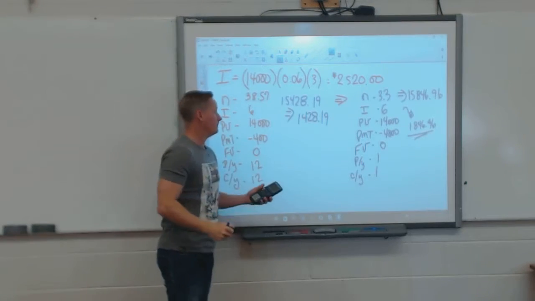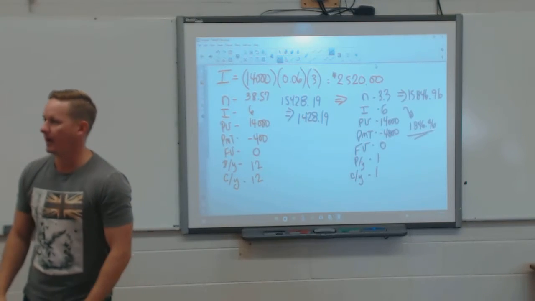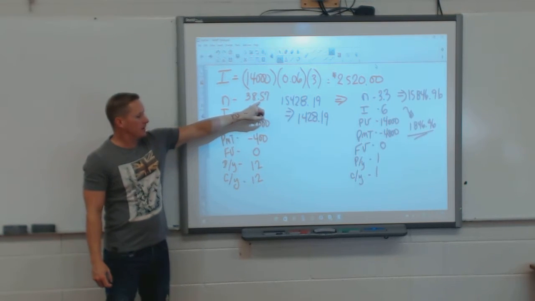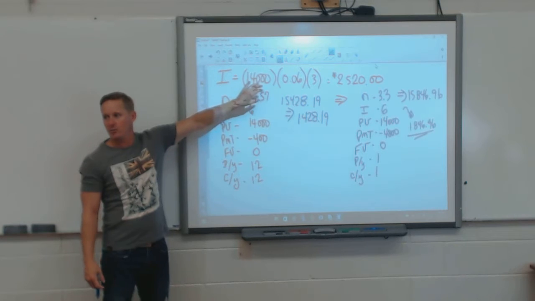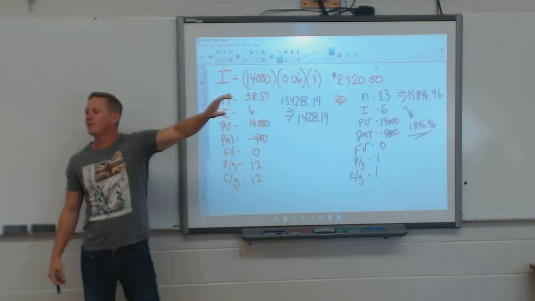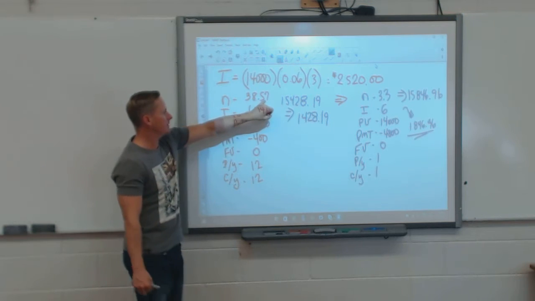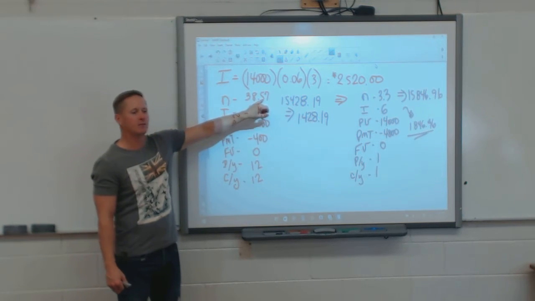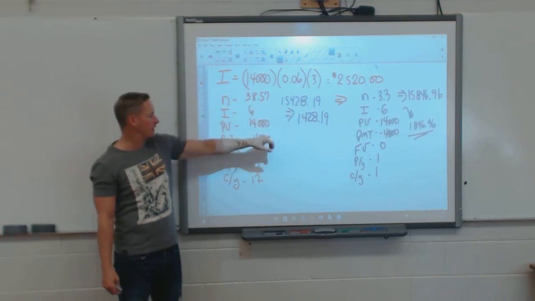Okay, so what actually happens here is this. This is how much we're going to pay. But what they're saying is, I'm not actually paying 39 full payments. The last payment is going to be only part of 400. It's going to be 57% of 400.